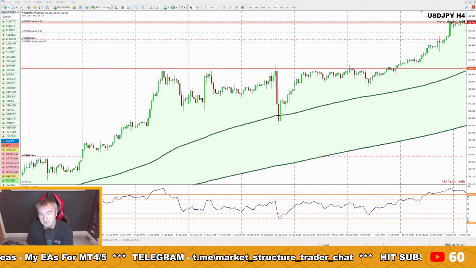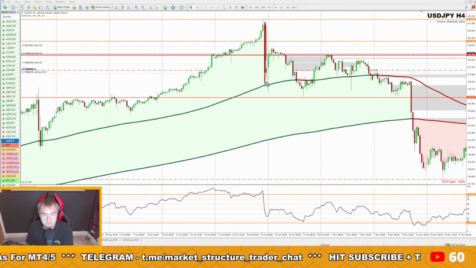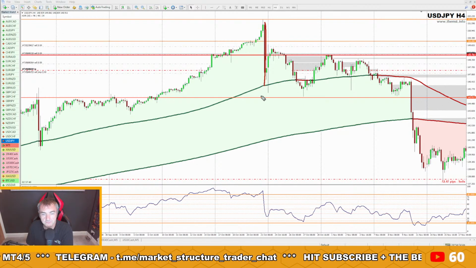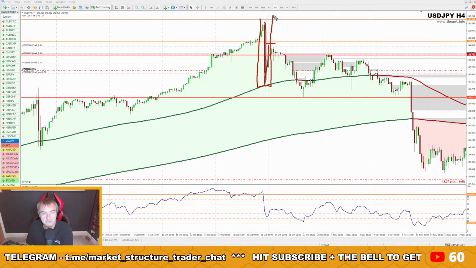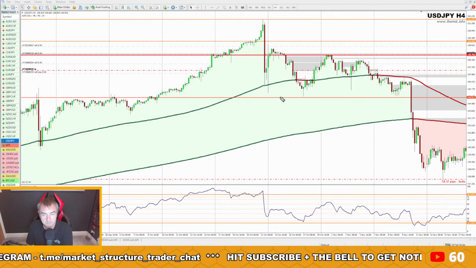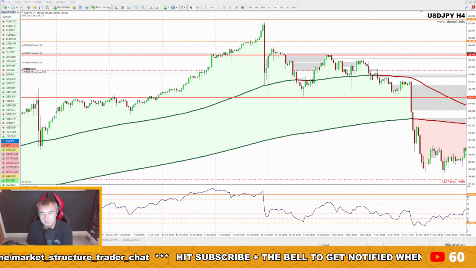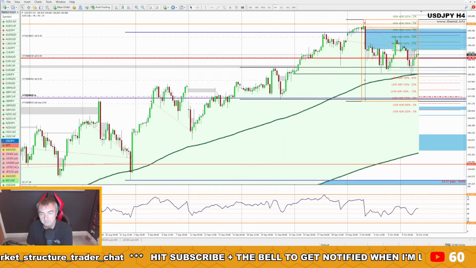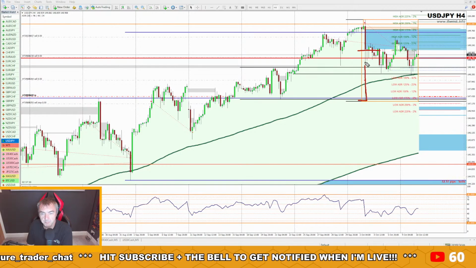Then look at the second intervention. Huge 600% ADR move to the downside, followed by the 50% retracement. But look at the size of the propulsion candle, the third move. Look at this massive wick we got, how bullish that is.